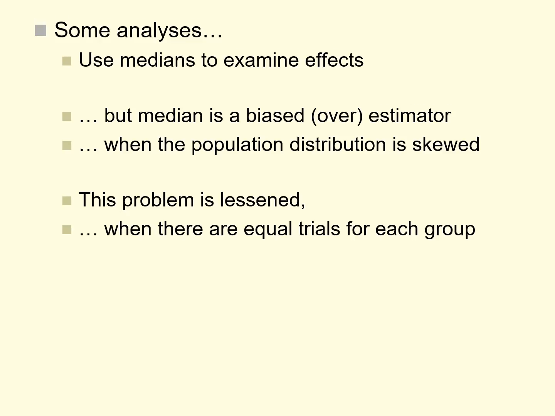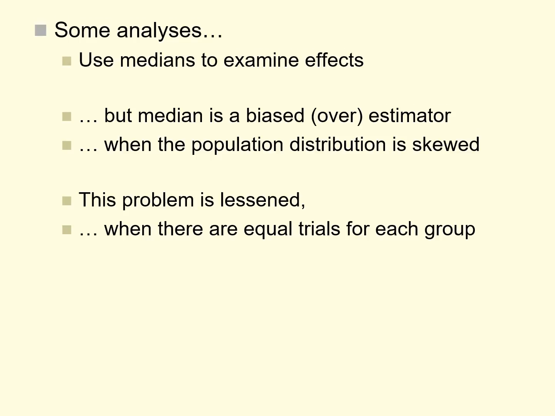So, hint, hint, for all sorts of reasons that I haven't talked about, but probably will in future lectures, it's great to have balanced designs in which there are the same number of stimuli or trials for each of the groups that you're using, or each of the conditions that you're using, if it's a within subjects type of design.